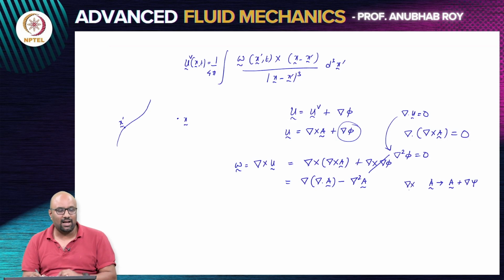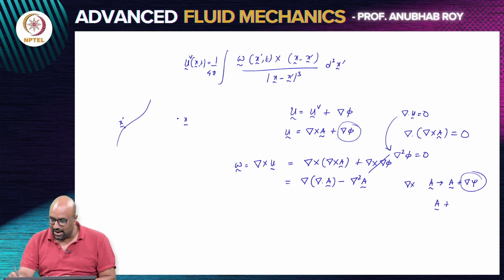So, if I say that I have found A, I can find A with an arbitrariness of gradient of a scalar potential. So, there is an A someone has found, and to that I add a gradient of a scalar potential. It is not going to change the velocity field, because curl of a gradient of a scalar potential is 0.